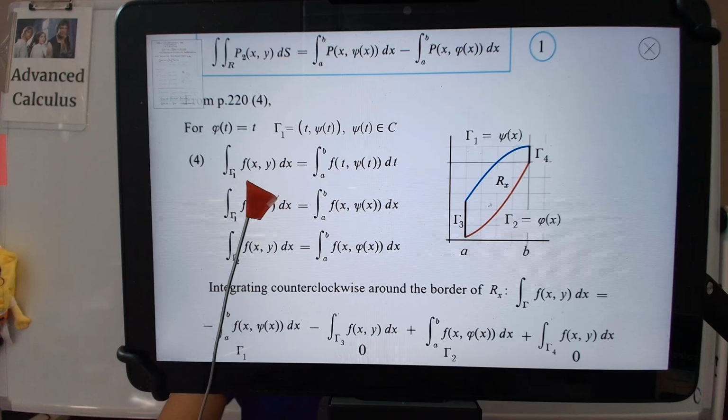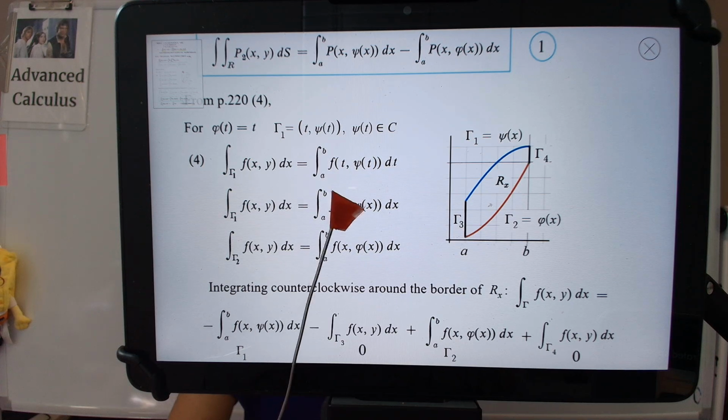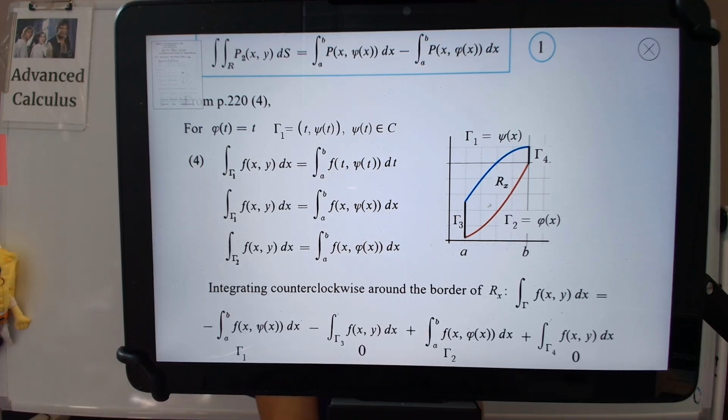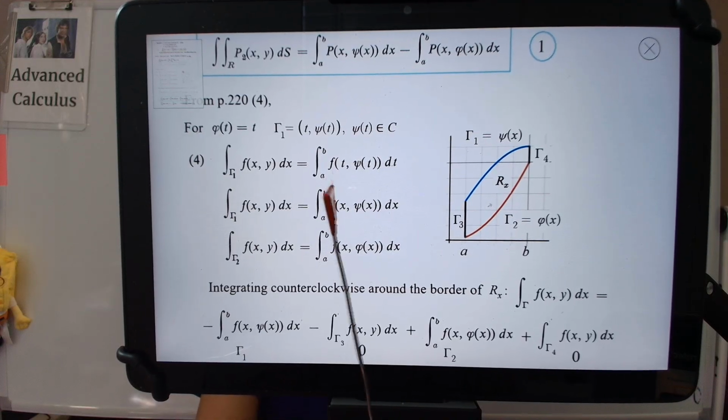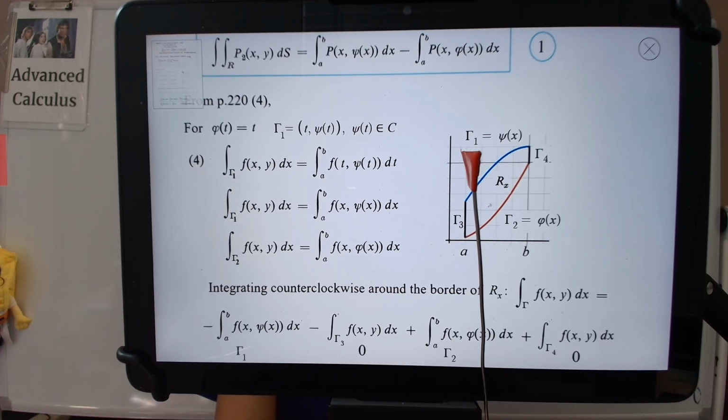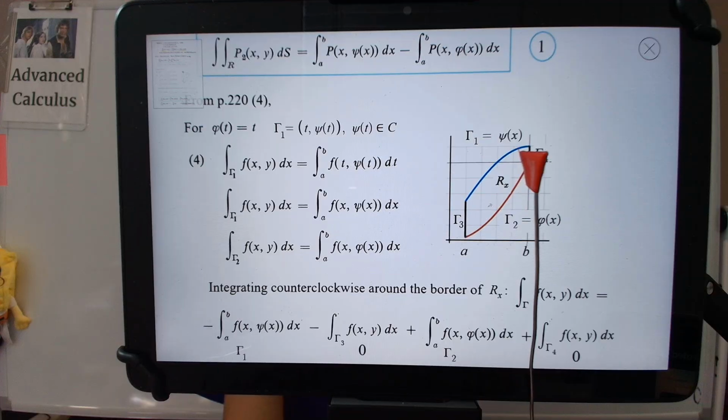That is, to integrate some function f over gamma 1 from one end to the next is integrating from a to b. You plug in this function, where gamma 1 is being parameterized as t comma psi of t, or just psi of x.